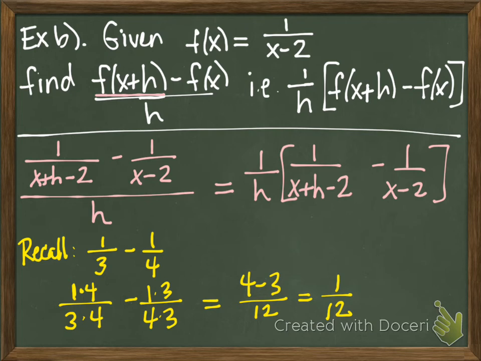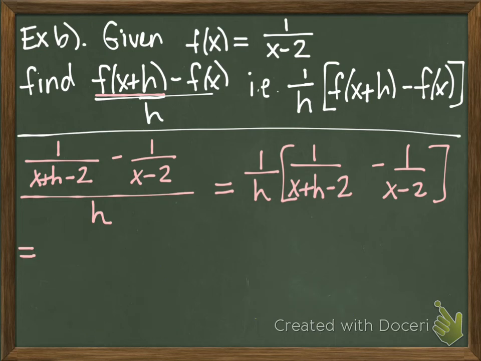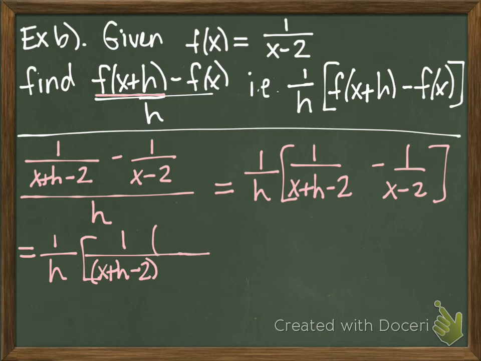So now let's use that same idea. The only difference is that now our terms have some variables in them. I still have the 1 over h out front. So now I'm going to take the first fraction, put the denominator in parentheses, and multiply the top and bottom by x minus 2 in order to get a common denominator.